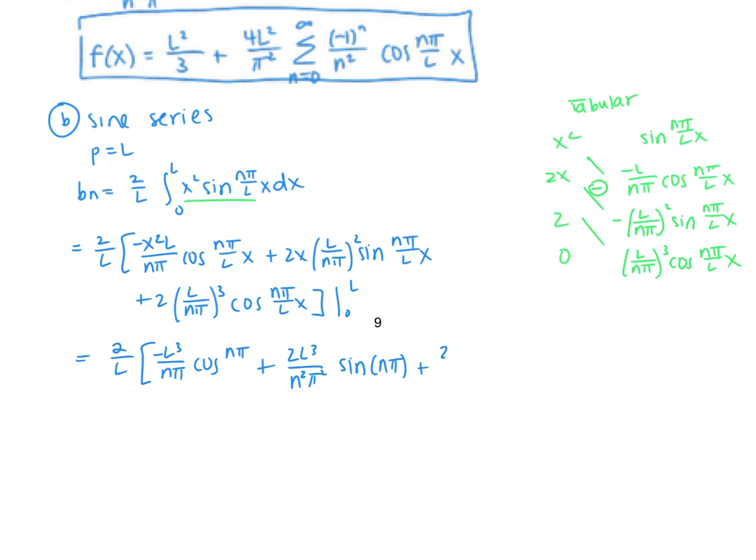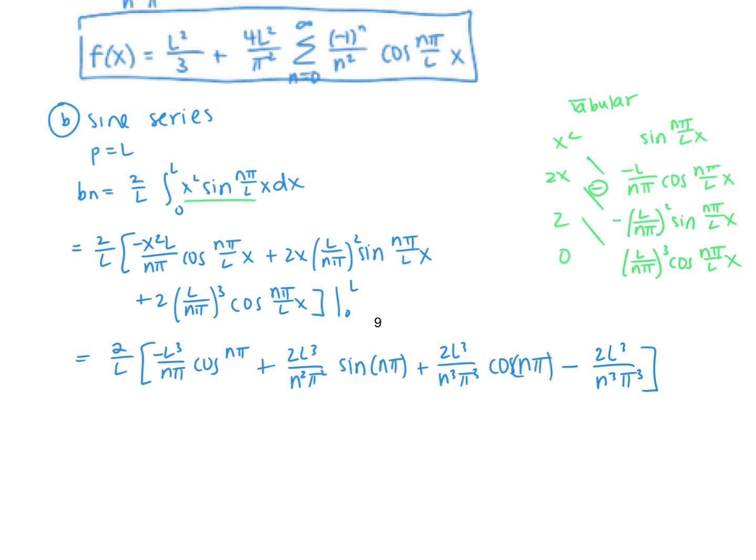Then we have 2L cubed over n cubed pi cubed, cosine of n pi. And then finally, when we go to plug in the 0, because of this x, we're going to get a 0. Because of this x, we're going to get a 0. When we plug in 0 here, cosine of 0 is just 1. So we end up with a negative 2L cubed over n cubed pi cubed.